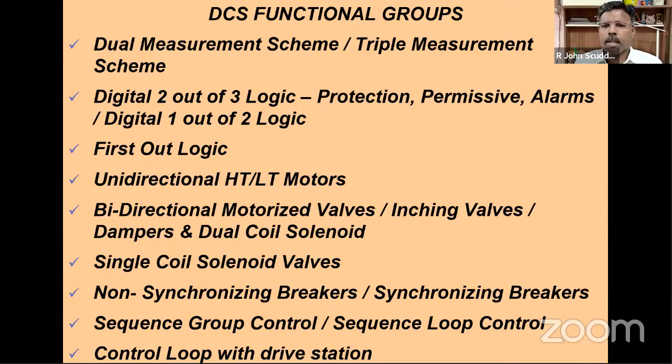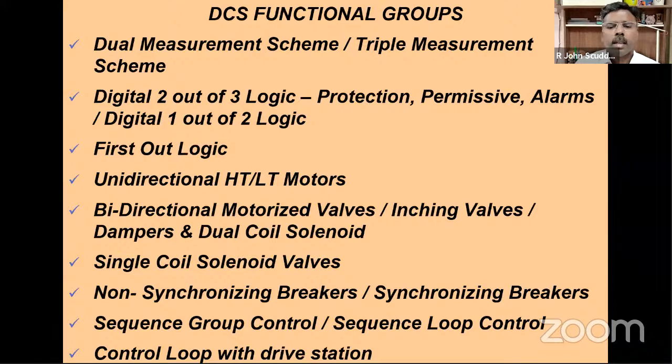Now the operation people and the C&I engineers, control and instrumentation engineers, will be worried about which was the first. So these first out logic pages, graphical representations, will clearly say these are the 10 different causes which have come up. Of all these 10 causes, this was the first cause. So the first out or first cause logic is very beautiful. It is designed in the logics in the engineering station. It is graphically visible in the HMI. So that way you can very easily find out the first out.